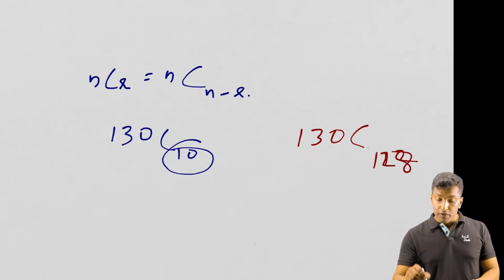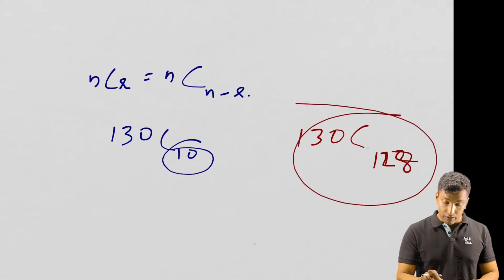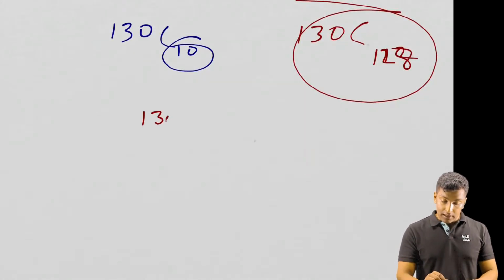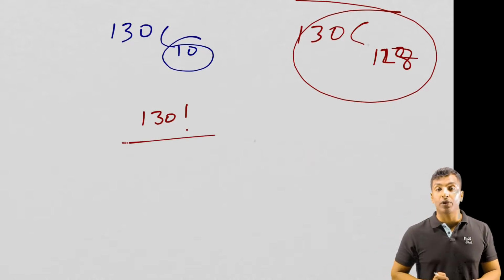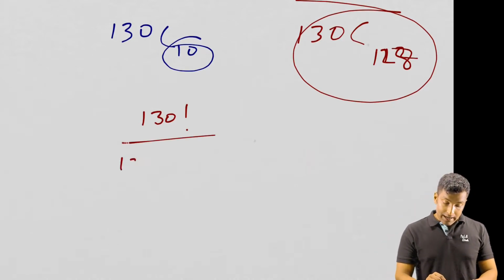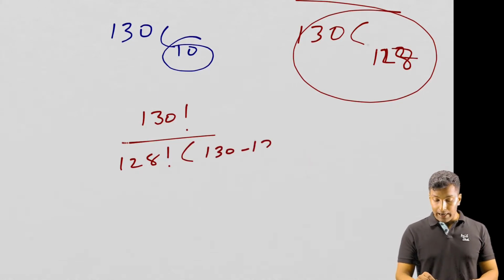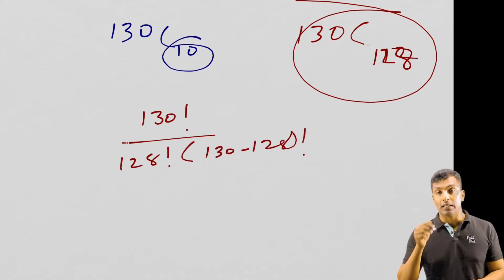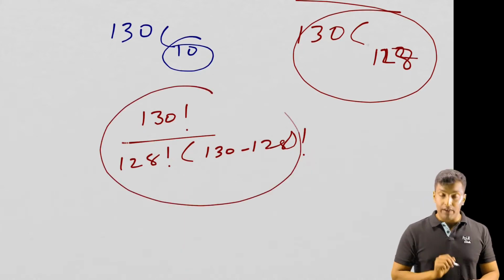Then this is going to be very difficult to calculate, right? Why? Because this is going to be 130 factorial divided by 128 factorial into (130 minus 128) factorial. And doing this is very, very difficult.